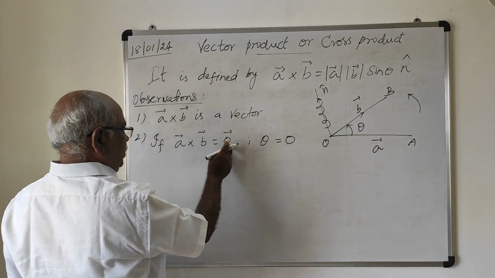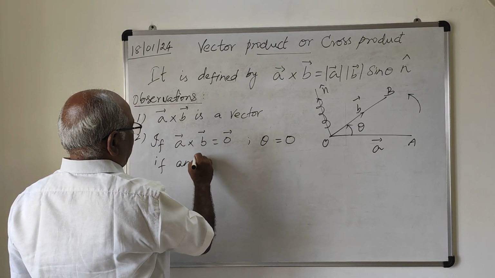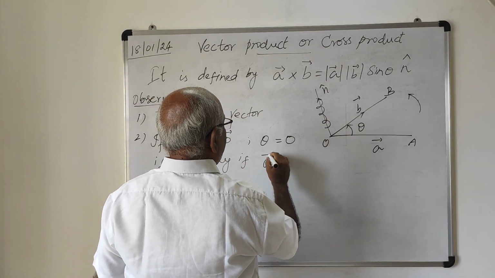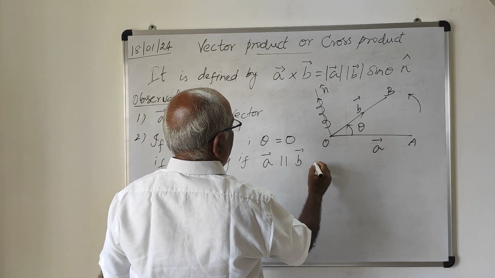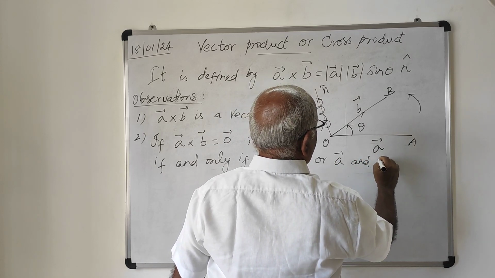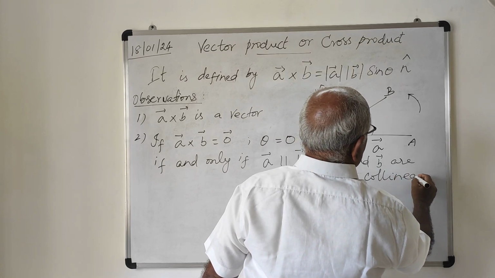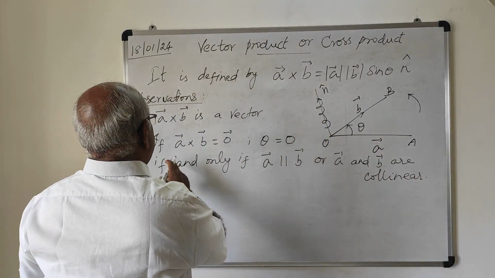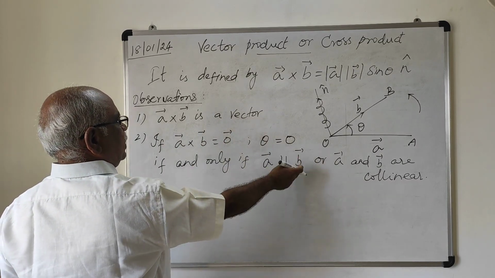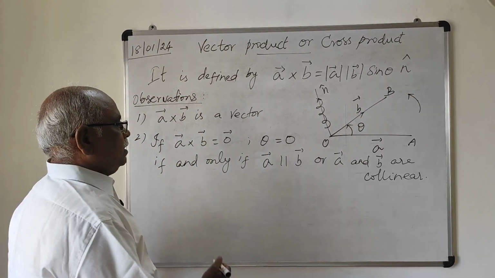A cross B equals 0 vector if and only if A is parallel to B vector or A and B are collinear. These two cases. If A cross B is 0 vector, then A vector is parallel to B vector or A and B are collinear, acting along the same line, collinear means.